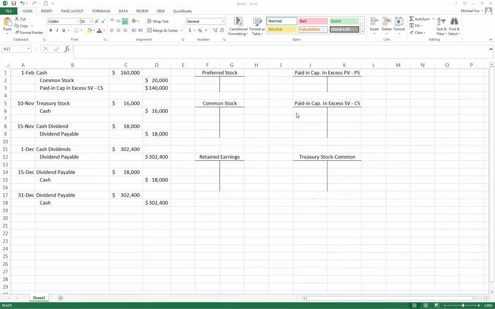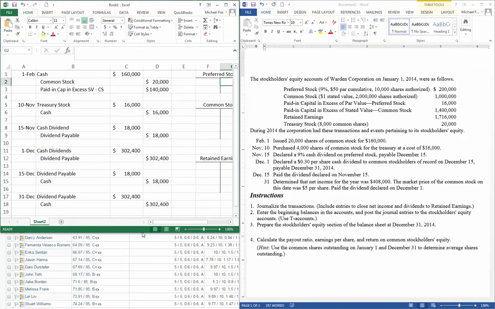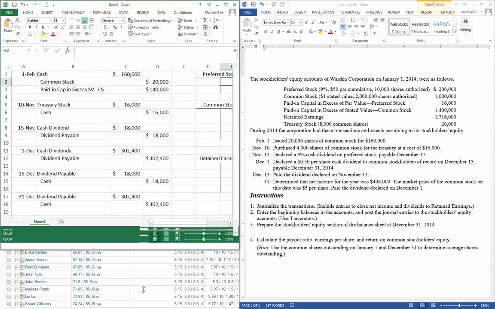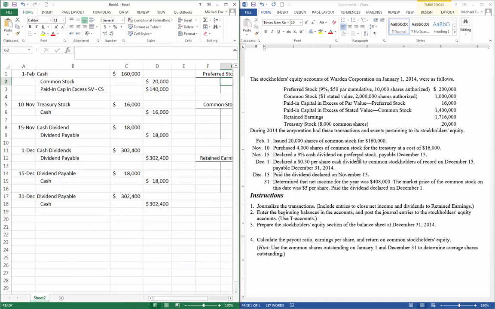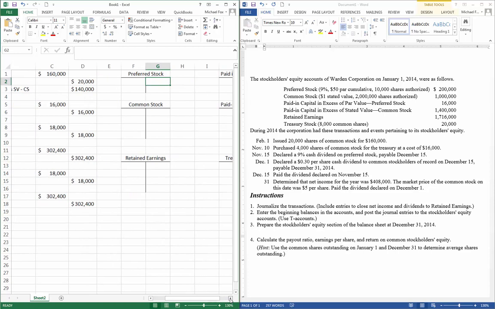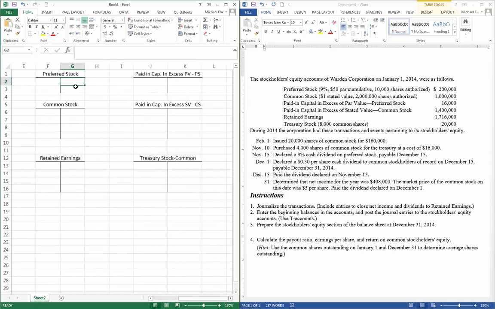All right, I've got them all set up now, so now I'll go ahead and put in the beginning balances. The preferred stock account, and this information, again, was just given to us in the problem. So the preferred stock account had a balance of $200,000. Common stock had a balance of $1 million.